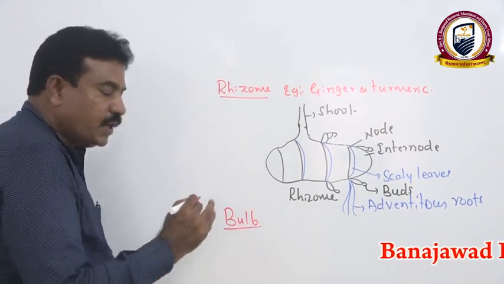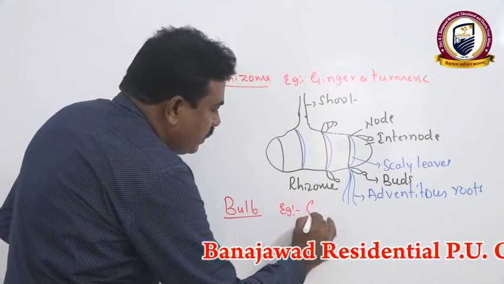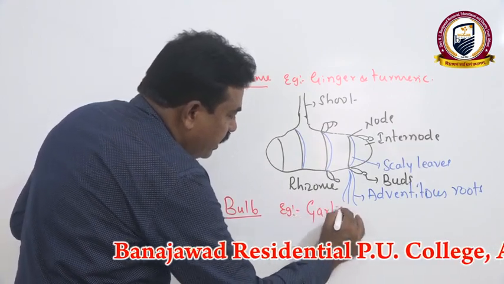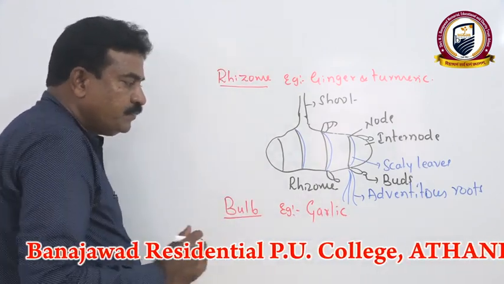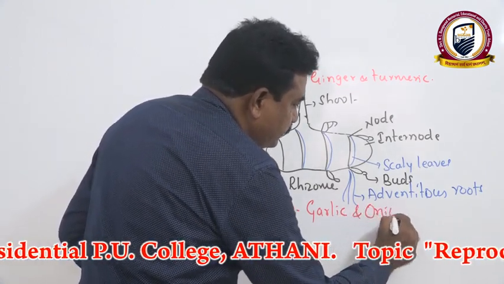One more most familiar example for us is bulb. This stem looks like a bulb, therefore generally we call it bulb, represented by garlic. It shows a compound bulb, whereas the simple bulb we see in the case of onion.